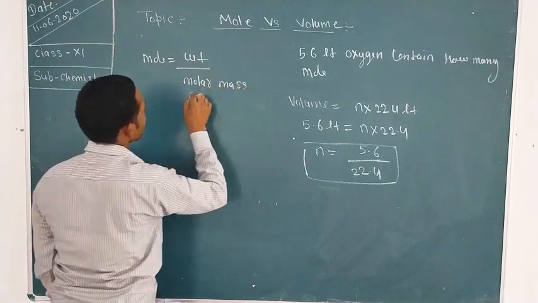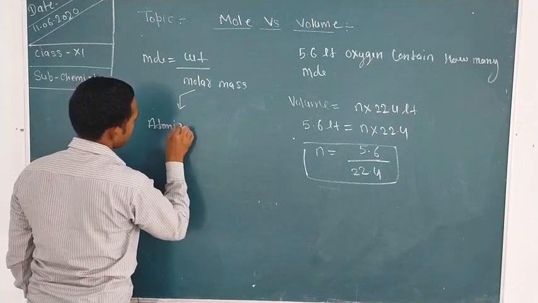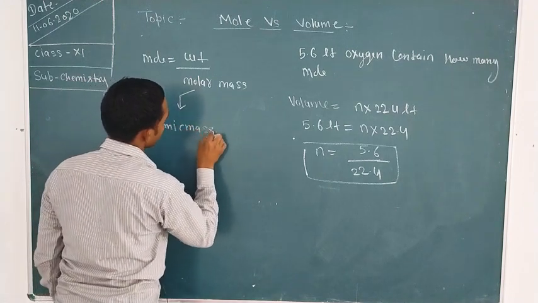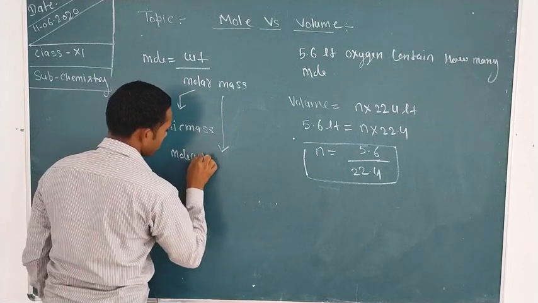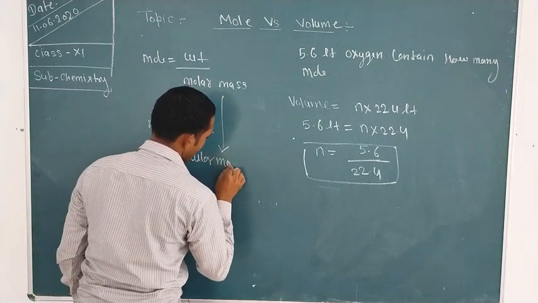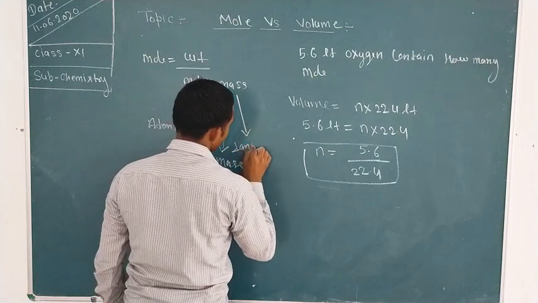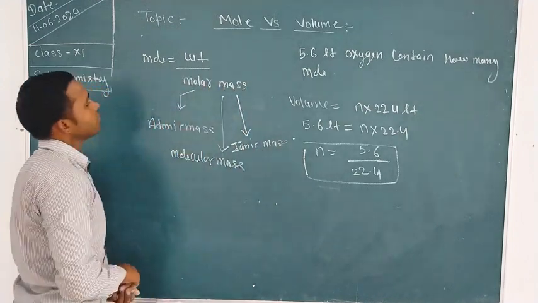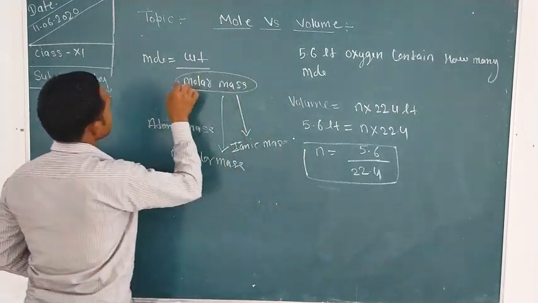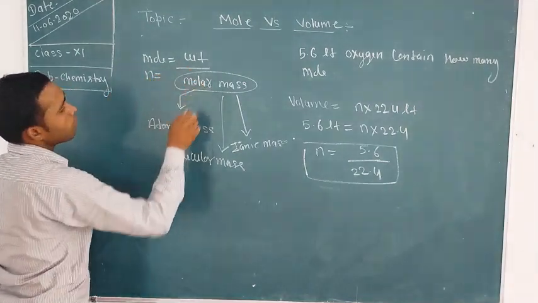And molar mass may be atomic mass, molecular mass, or ionic mass, anything. It is the common name, molar mass. So n equals weight upon molar mass.